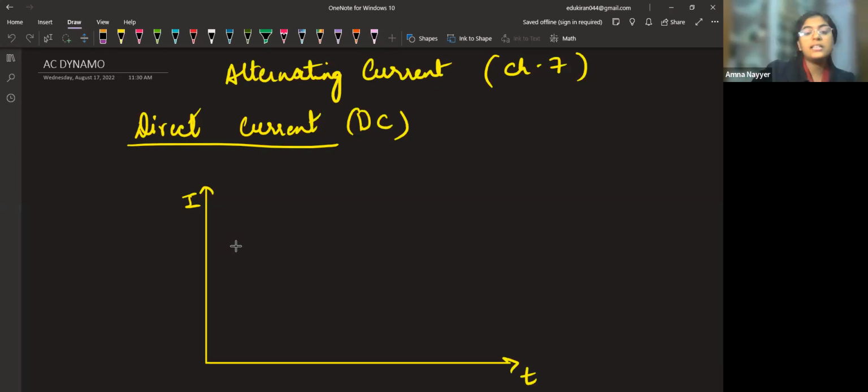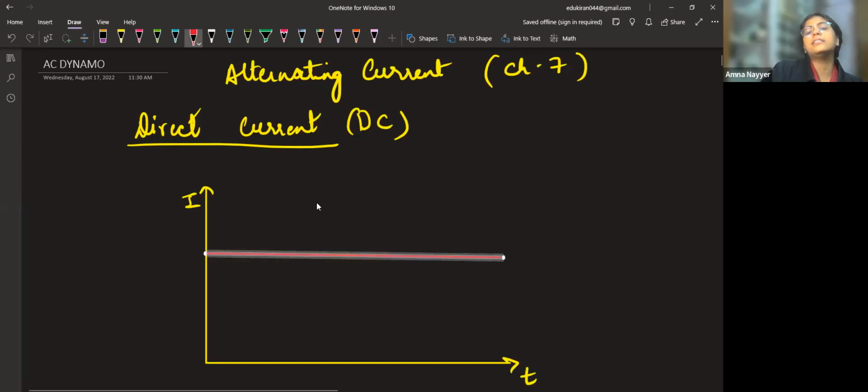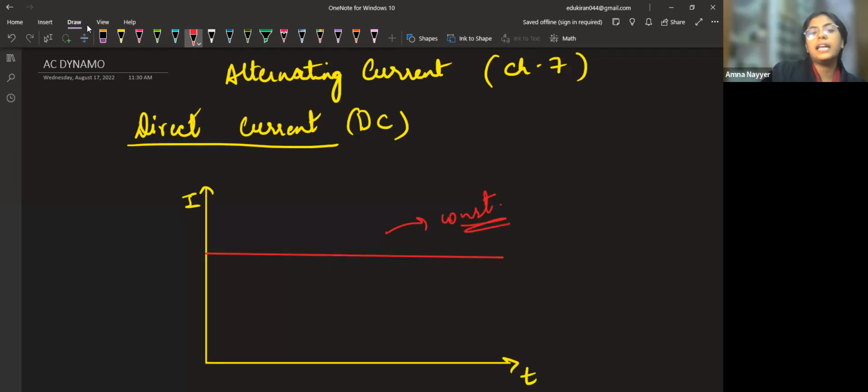See, suppose initially at 2 seconds, current is this much. Then at 4 seconds, current is still only this much. Time is increasing, but the value of current is still the same. This is not decreasing. The value of current is constant. So this is direct current.